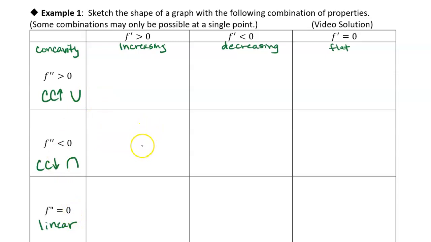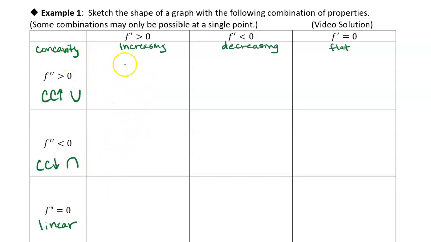So remember, for a linear function, the first derivative is constant, and if you look at the second derivative of a constant first derivative, then the change in the first derivative is zero for any change in the independent variable.